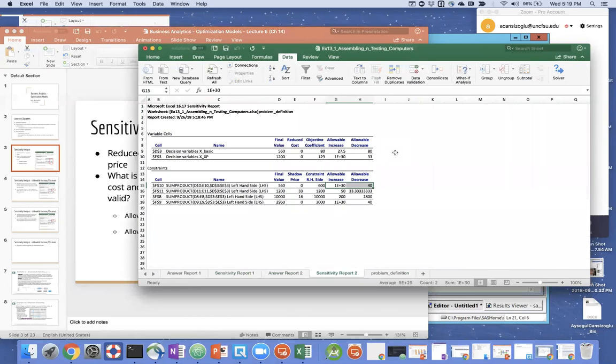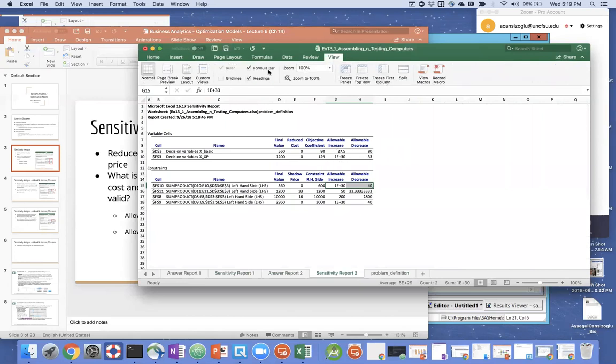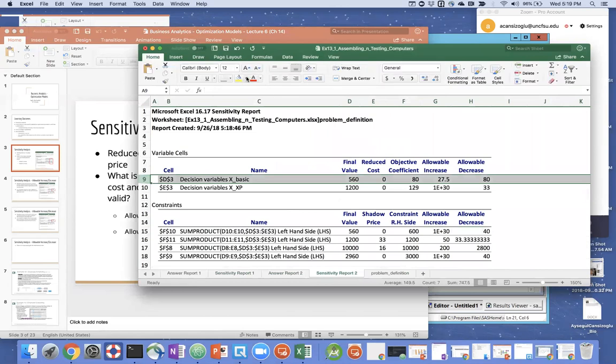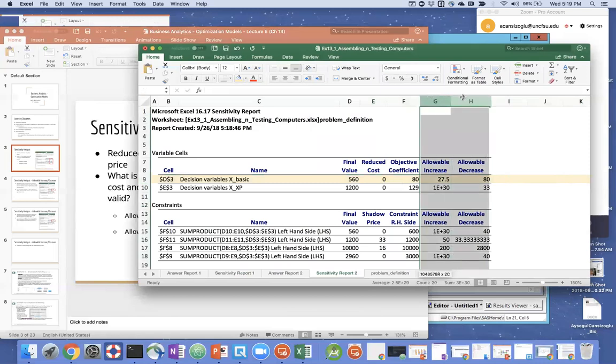zero and non-zero variables. So let's go through this one more time. Let's look at this row and explain what it says, and focus on these two columns, by the way.